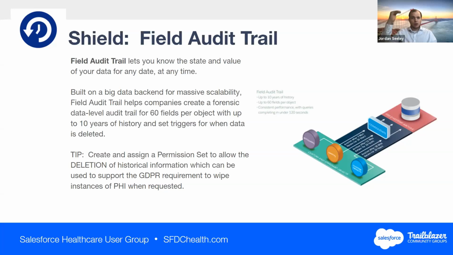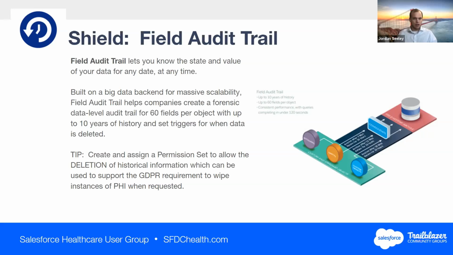Again, if you have field history tracking enabled on an object, when something changes for that specific field, it'll actually create a field history log associated with that. So you'll see, at this time, this person changed the data from, let's say, first name on a contact, Jordan, to, let's say, Michael. You'll have a record of that specific change, the date that it occurred, and that'll exist for a period of time.